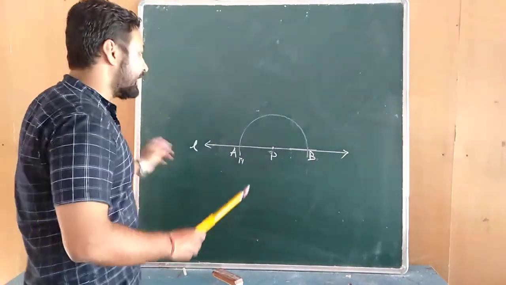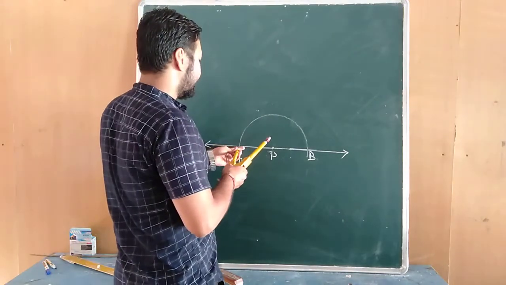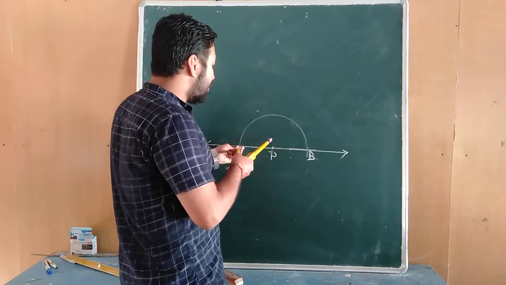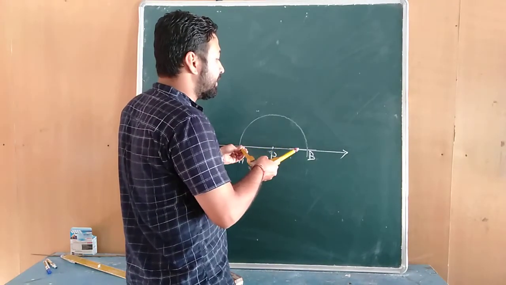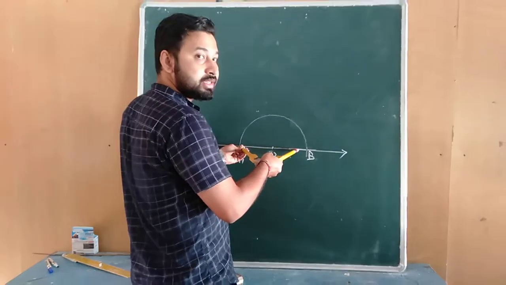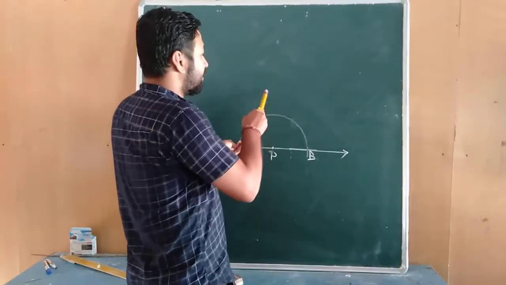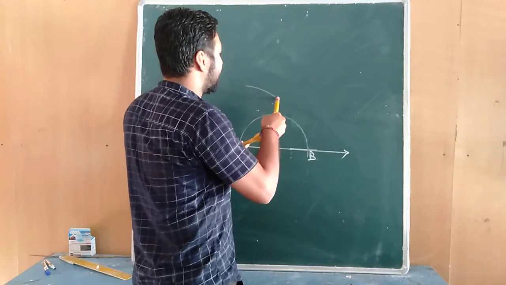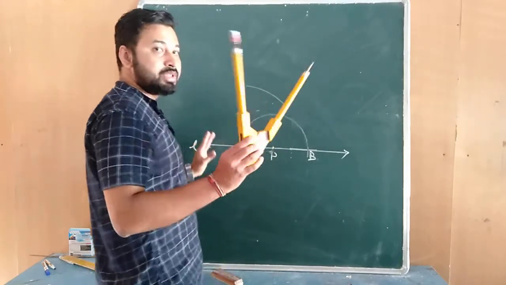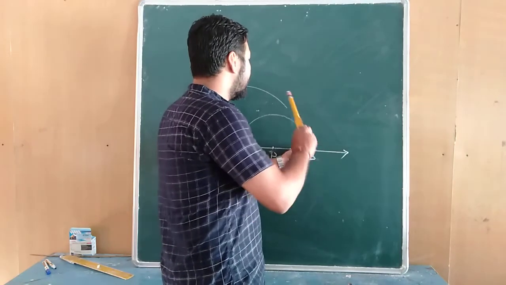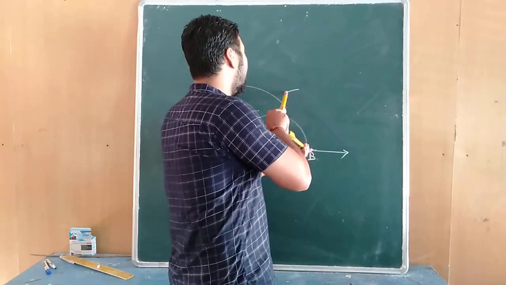Now taking A as center and radius more than half of AB, say up to this much, we have drawn one arc here. With the same radius, taking B as center, we draw another arc.